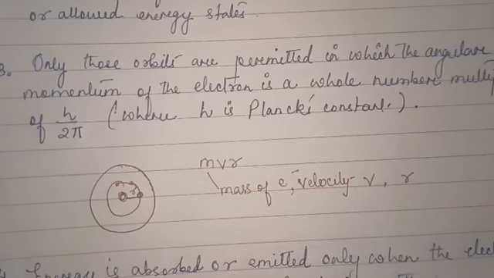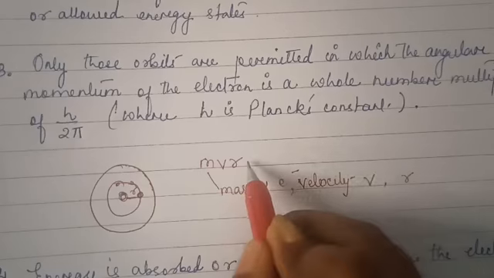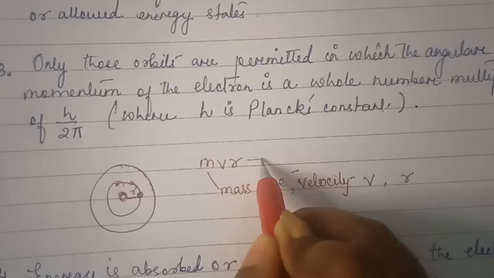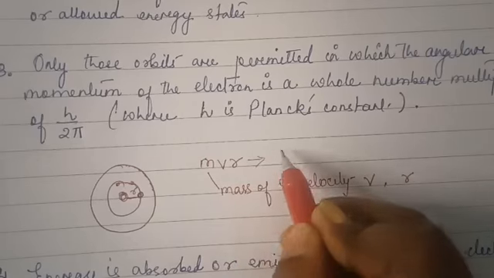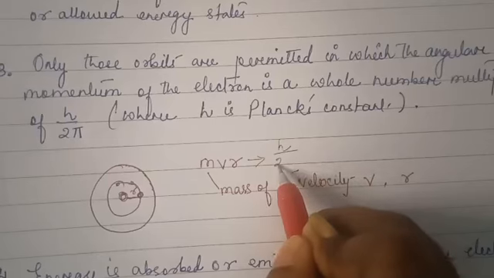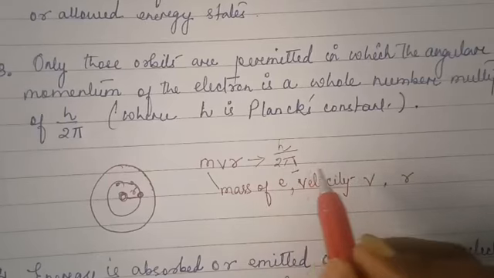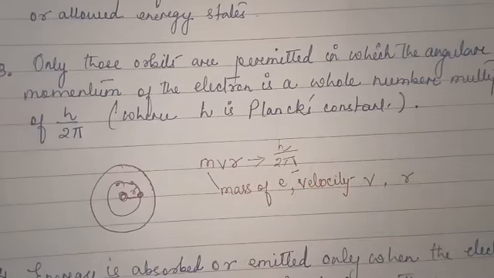Thus, according to Bohr, the angular momentum is a whole number multiple of h by 2 pi, where h is Planck's constant.